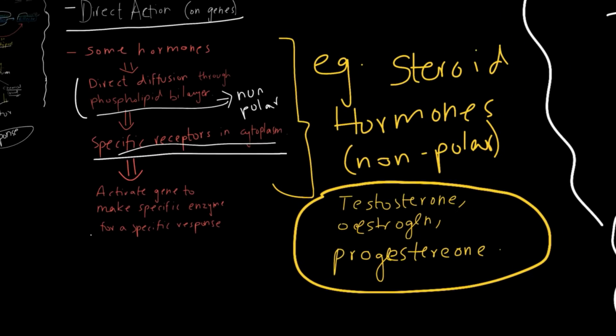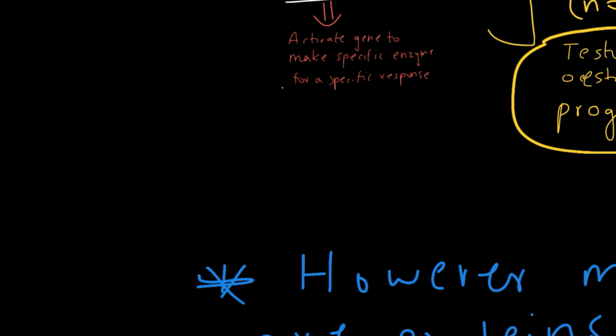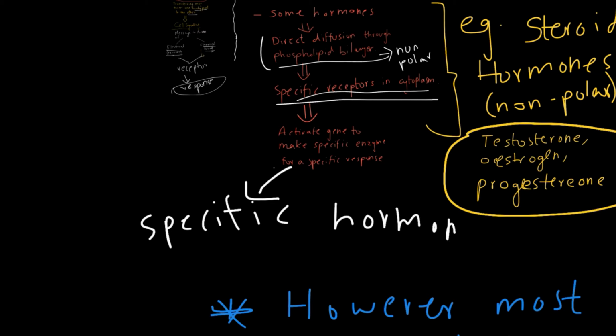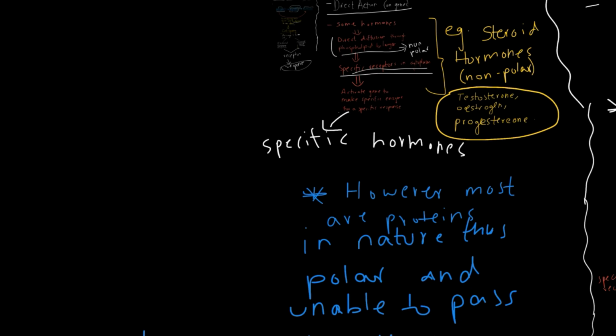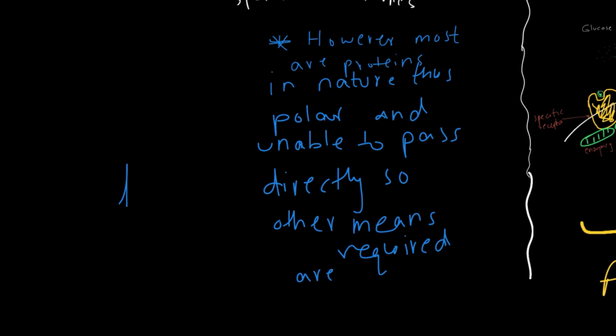How this is done is, for example, if there is a specific receptor in the cytoplasm that activates a gene, that gene further on makes an enzyme, and that enzyme helps to create a specific response to that specific hormone, right? Now what we have to know is that generally most hormones are proteins in nature.